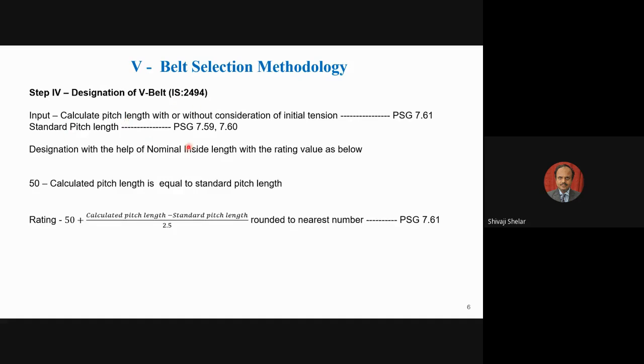Here a few tables are available, not all tables. The input required is the calculated pitch length, with or without consideration of initial tension. I have already shown the formula to calculate the pitch length, so that is the standard pitch length, the calculated pitch length. If you are considering the initial tension, then the pitch length has to be decreased. How much it has to be decreased is also given on page number 7.61, which I will show here.